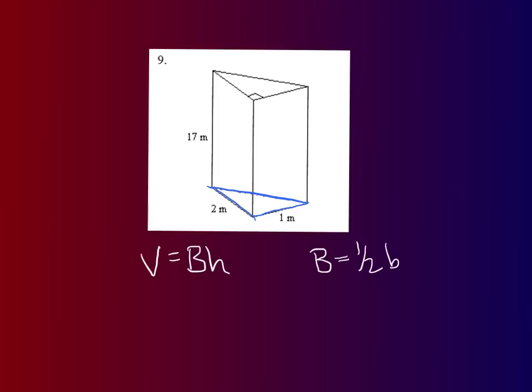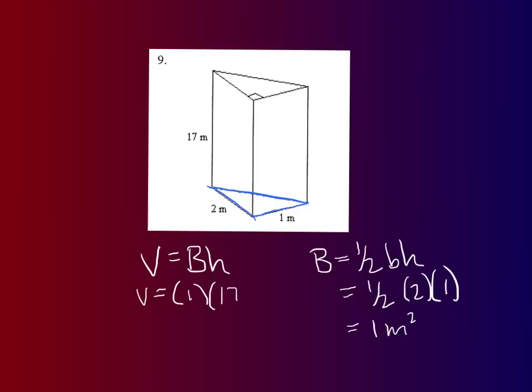So 1/2 times 2 times 1, which means my base is just 1 meter squared. So let's plug that into our equation over here. Volume equals 1 times my height, which is 17. So volume equals 17 meters cubed.